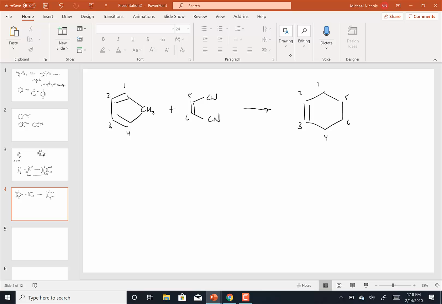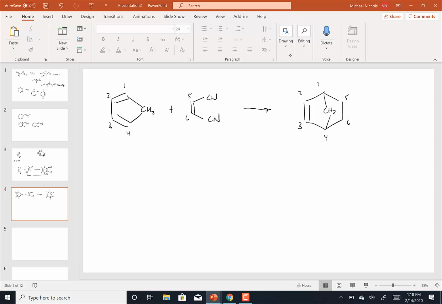Now, when we start out, I suggest numbering, then you can just figure out what are the groups that are attached to each one of those carbons. So in the diene case, I've got a CH2 that's attached to both carbon 1 and carbon 4. So I'd say there's a CH2 attached to 1 and to 4, so I draw it like that.